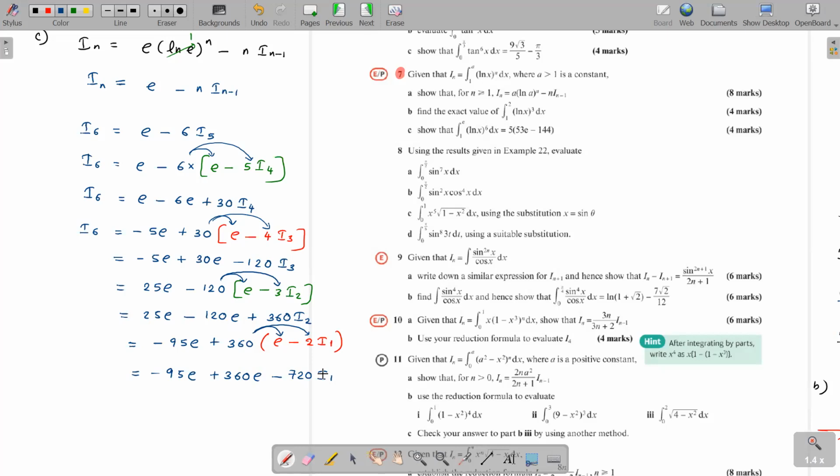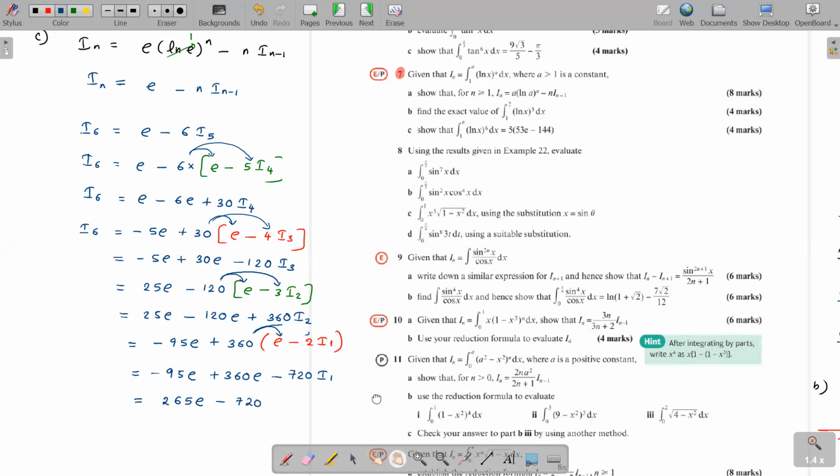It's minus, right? Minus 720 I1. Is this okay? Check your work and see whether you got to the same point as I did. Minus 95e plus 360e is 265e minus 720 I1.